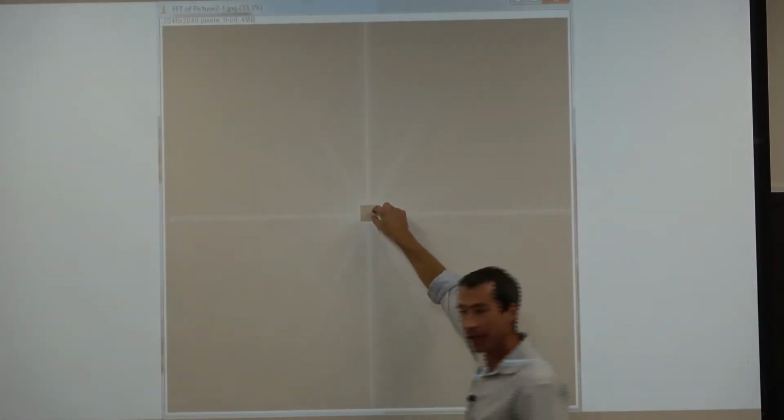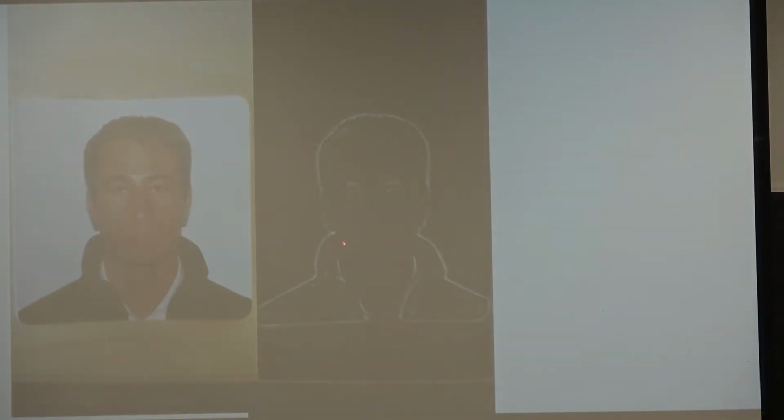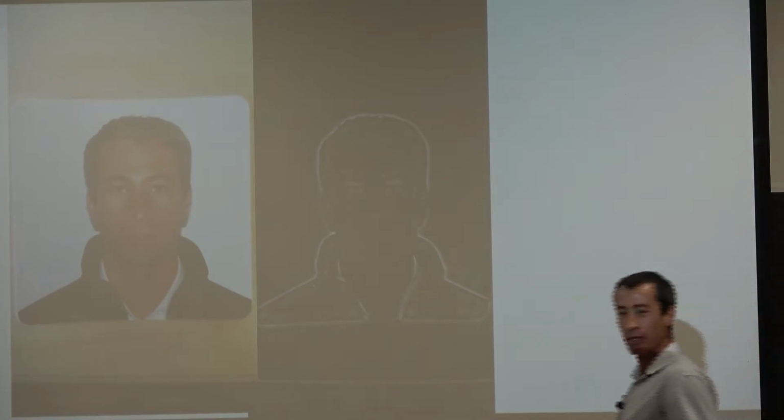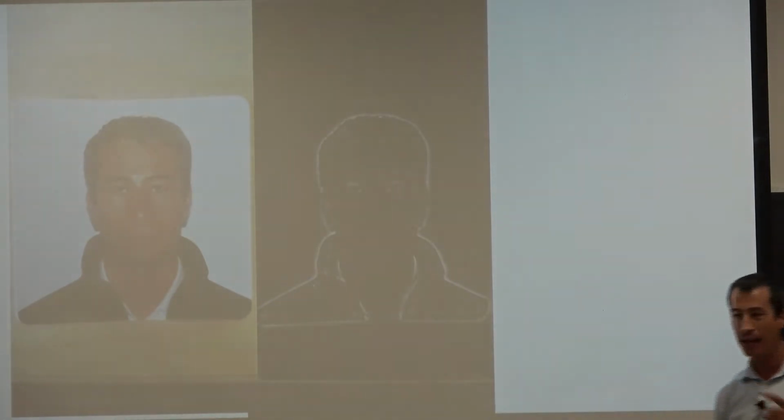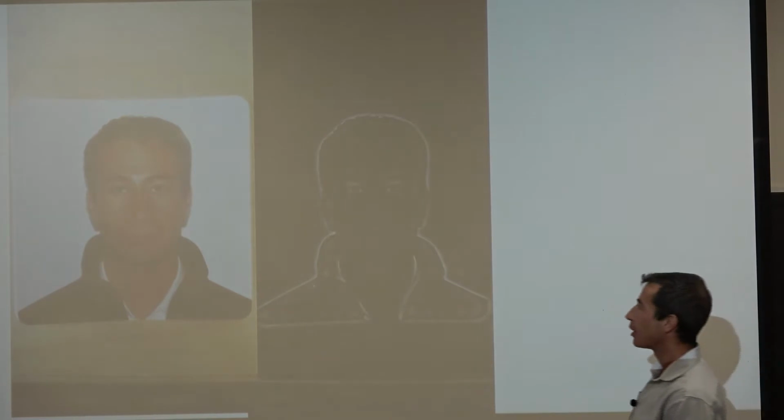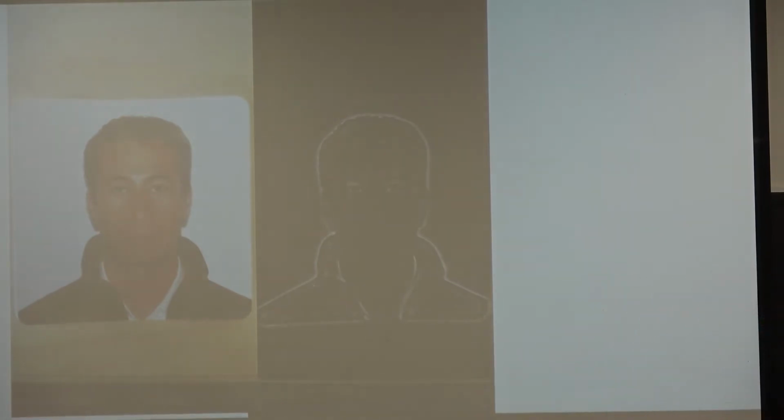Now, what if I went in and deleted this very tiny area in the center and back transformed it? That's what I get, right? Who knows principal component analysis? You can kind of think of this that way. What I did is I eliminated the most important contributors to that image.